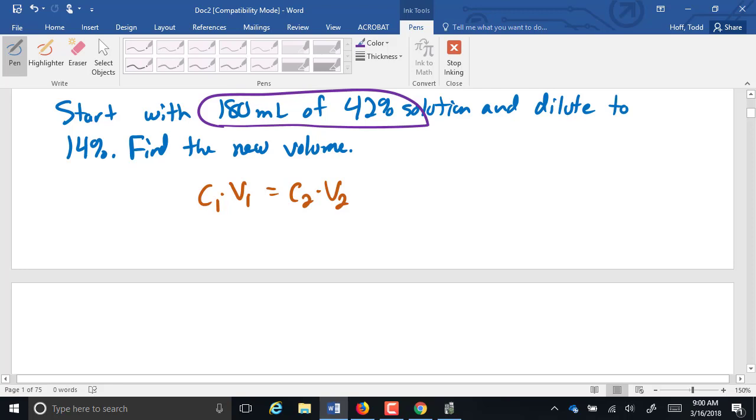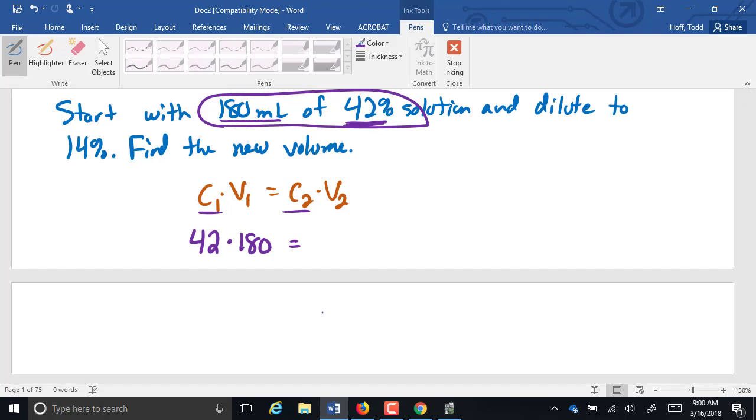Now, because of the way this formula is, we have a choice. I can either put that concentration in as 0.42, or I can leave it as 42, as long as I do the same to both concentrations. To make it easier, I'm going to leave it as 42. So my concentration is 42 times my volume of 180 milliliters. That's the before, the first concentration and volume.